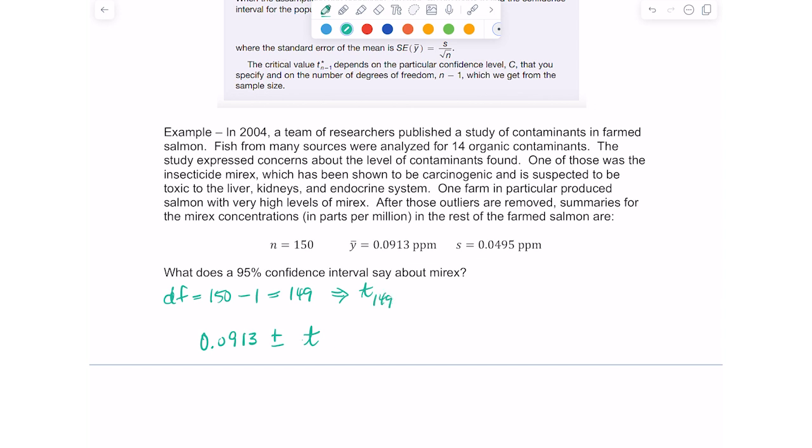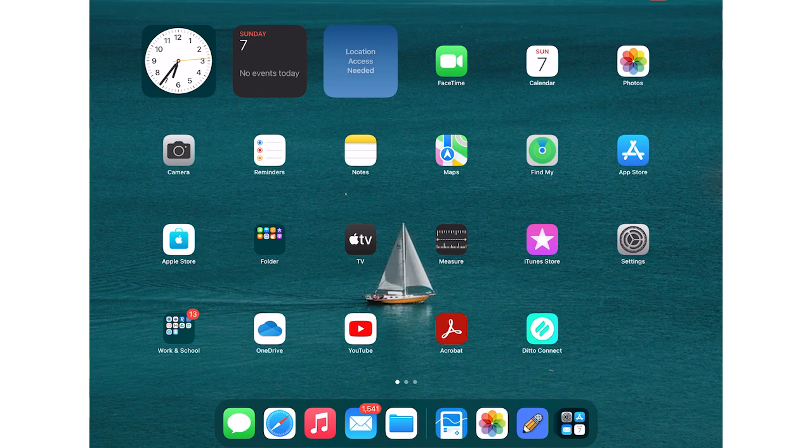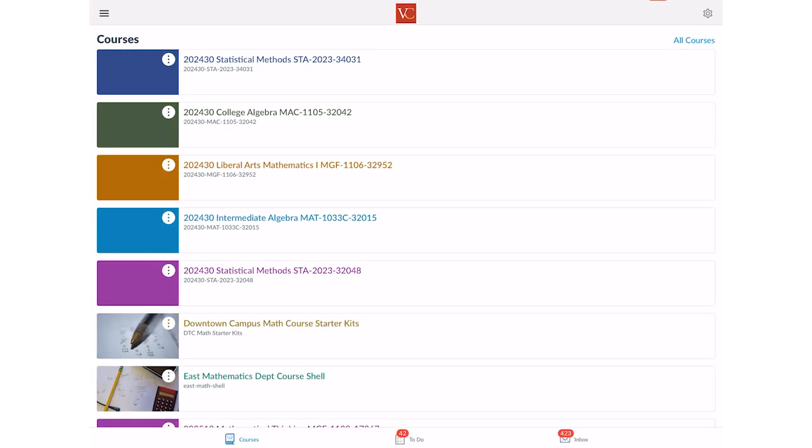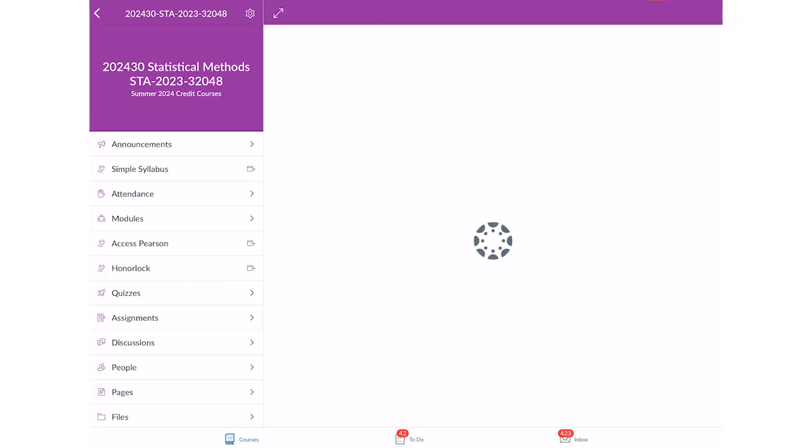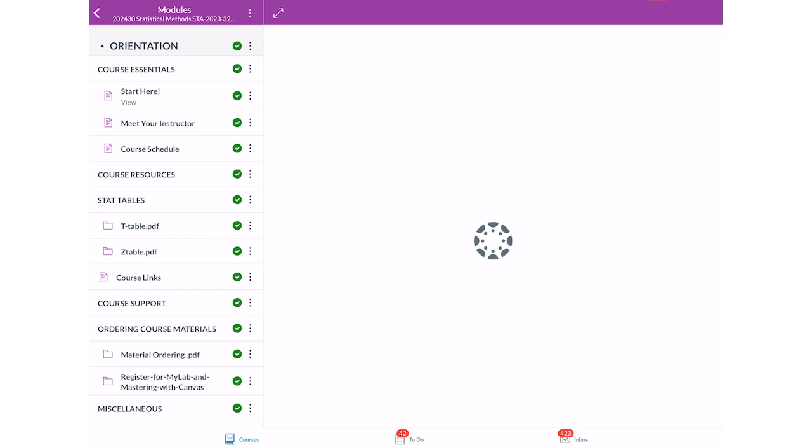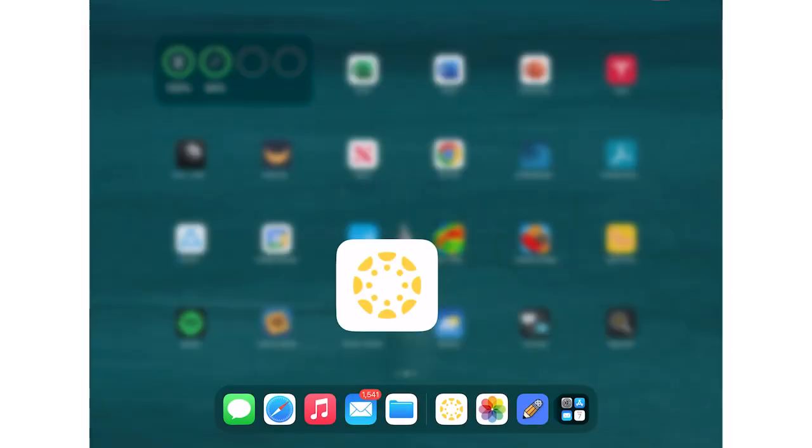Okay, now there's a couple ways you could do this. You could do it on your calculator, or you can go to table T in Canvas. So if we go to the modules and you go under course resources, you'll see the T table there. I have that in my Notability as well, so I'm going to go to that.